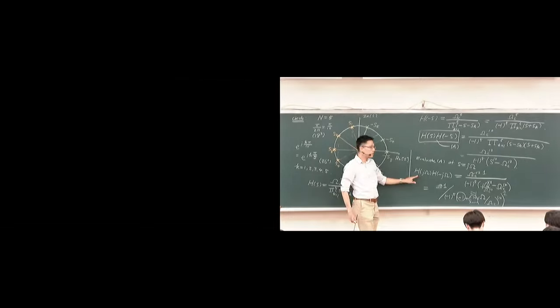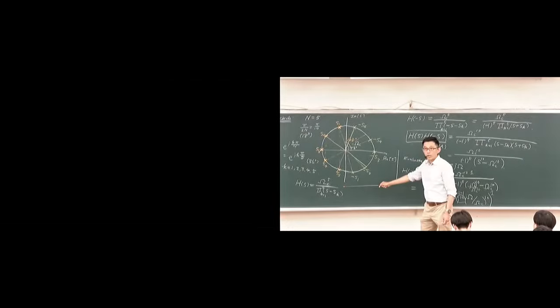The only missing thing, though, is here. We are evaluating expression A at s equal to j omega. But here, this expression is H of j omega times H of minus j omega.